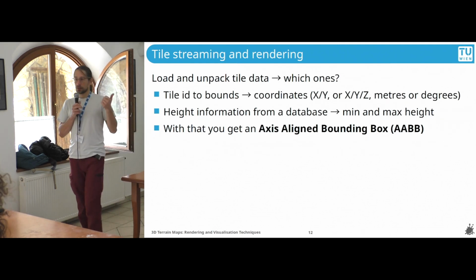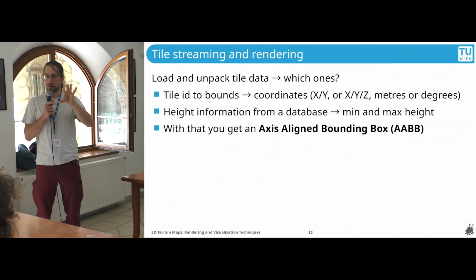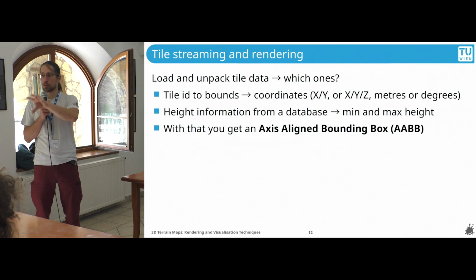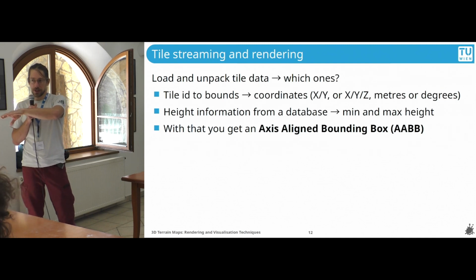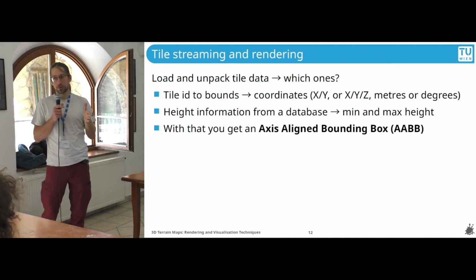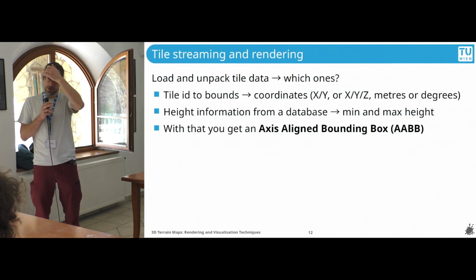So the first thing, you saw that these tiles have IDs, and that for each ID the tile is placed somewhere in the world. So if it is placed somewhere in the world, it's possible to get from this tile ID to bounds. So for now this is only the X and Y bounds, so we know where it is.